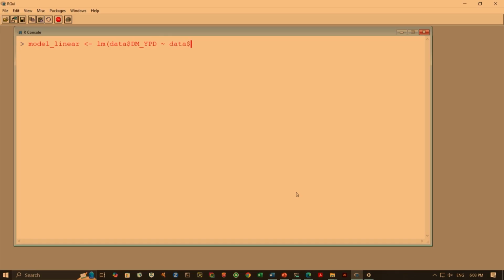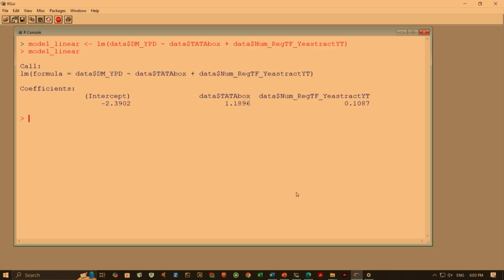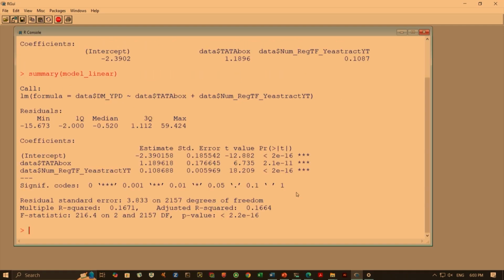Data dollar, box plus. Let us see what we have. This is the LM model, linear model. If you write this model linear, it will just give us the model that is being fitted. We will talk about this in much more detail when we talk about linear regression.